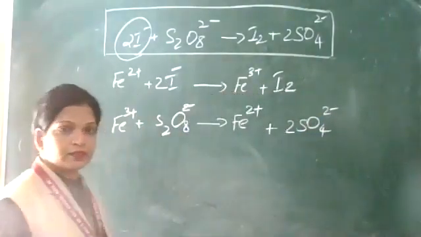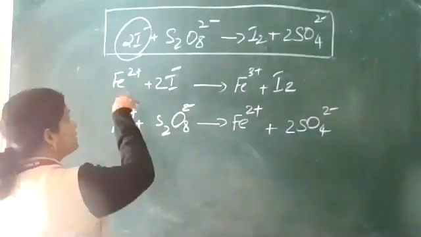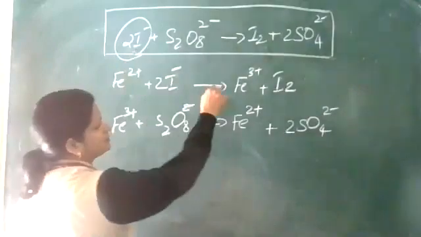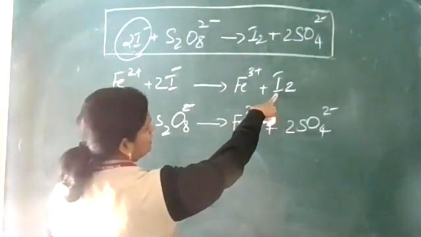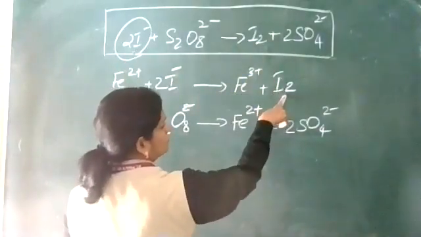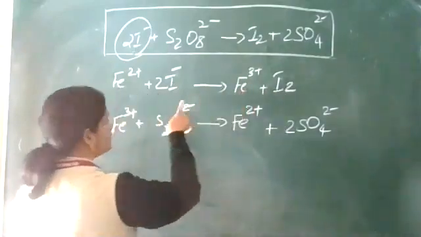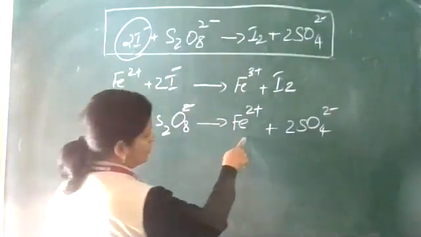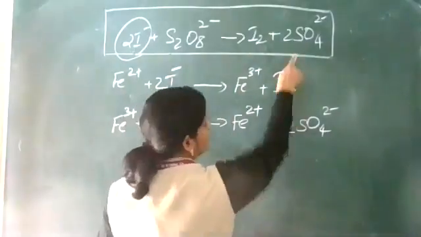This is the reaction. Then the Fe2+ form will react with this one and form Fe2+ and the next product.